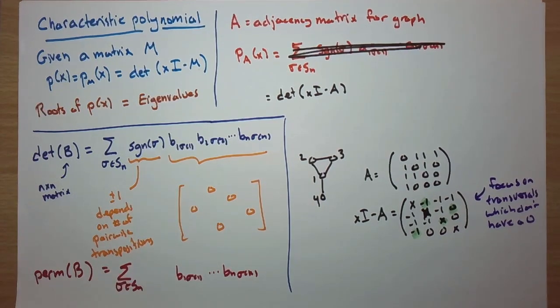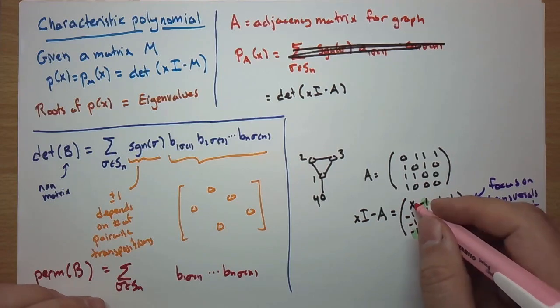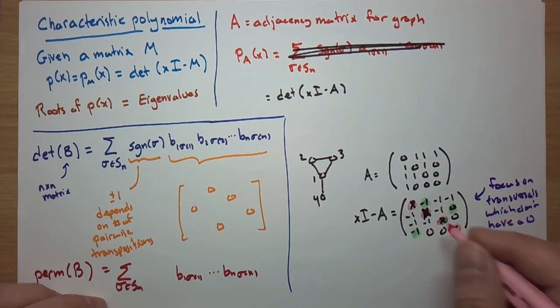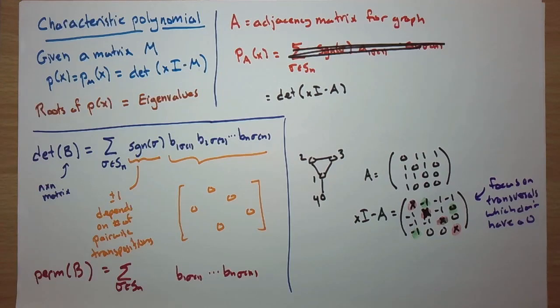All right, let's see what they would look like. Well, there's some really silly ones. Namely, I could just take the main diagonal, which is all x's. Let's see if we can do a not silly one.